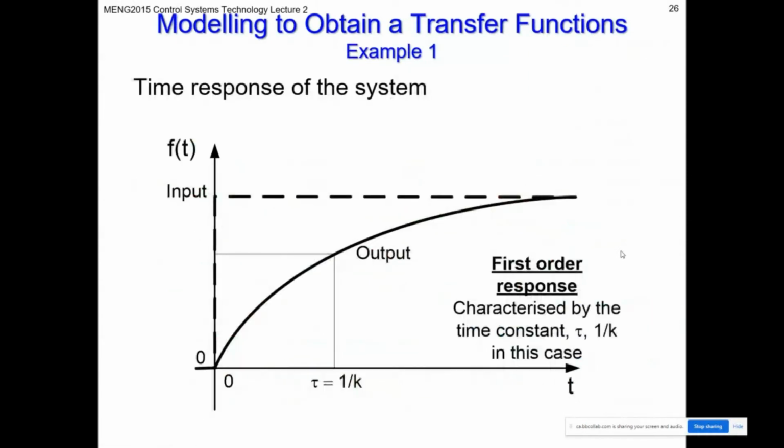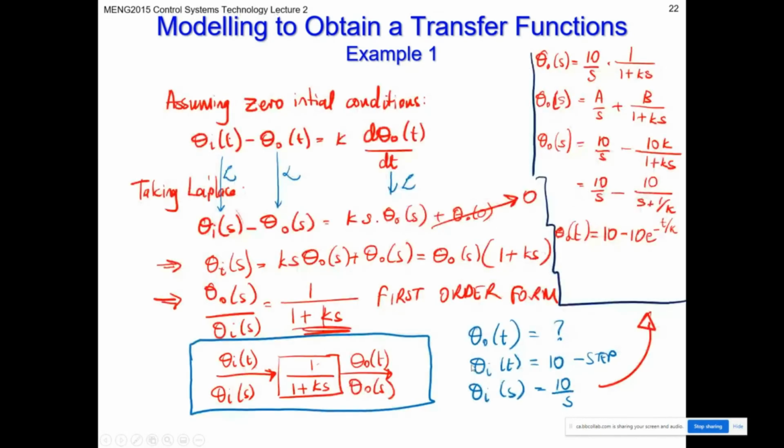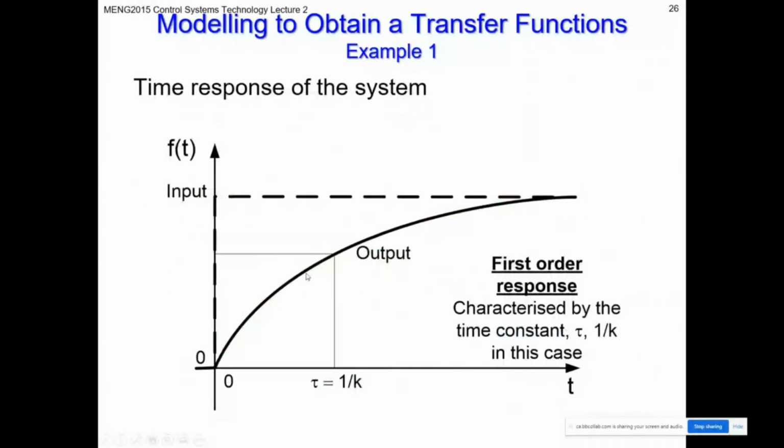And it will be a curve looking like this. Something like this, a first order response. Any first order system, remember we said the transfer function is a first order type, any first order output like this is always going to have this sort of format.